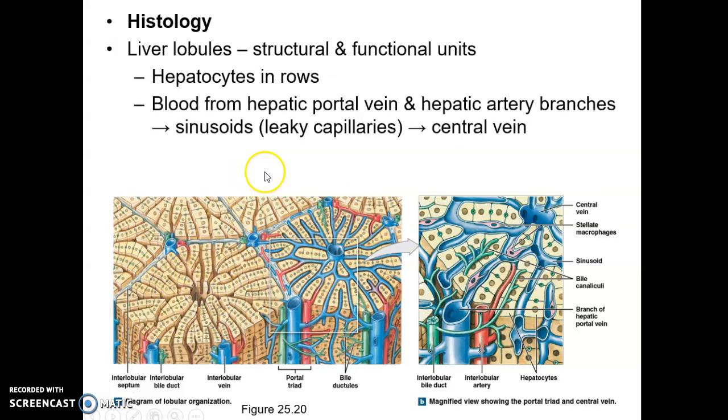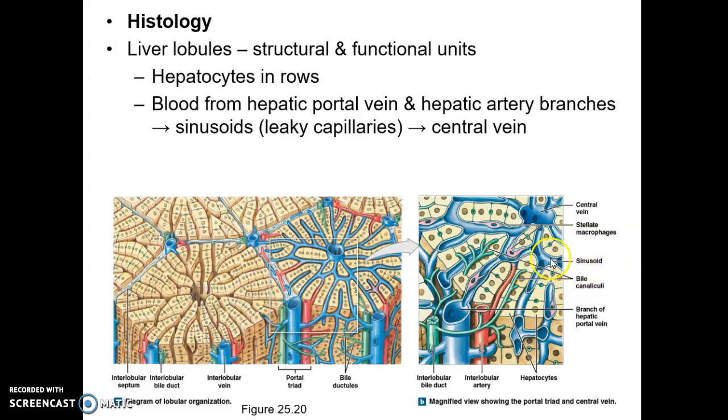So blood from the hepatic portal veins and the hepatic artery branches, the hepatic artery branches in red, hepatic portal veins here in blue, have blood vessel extensions that branch through the lobules into what are referred to as sinusoids, as you see here.